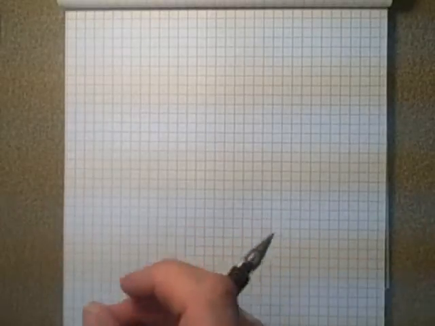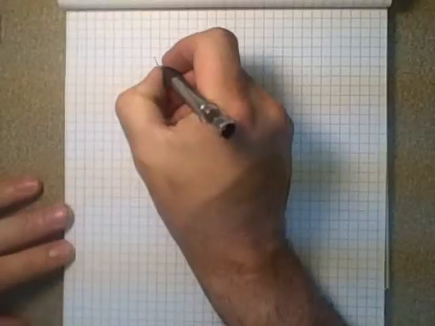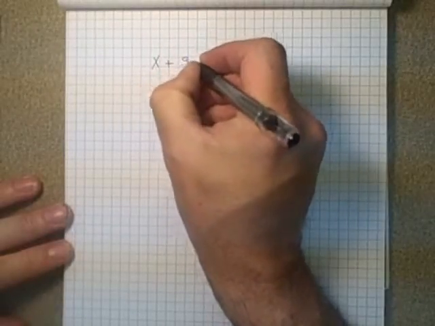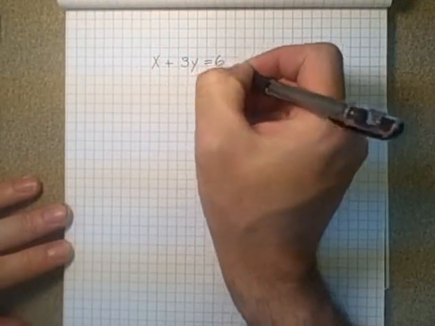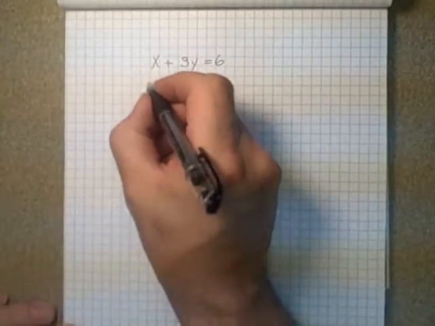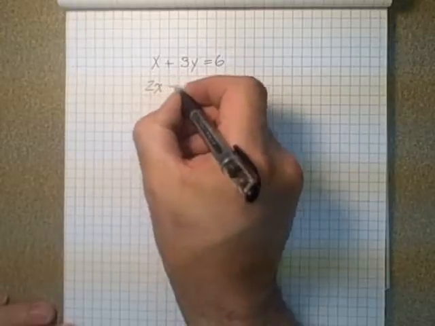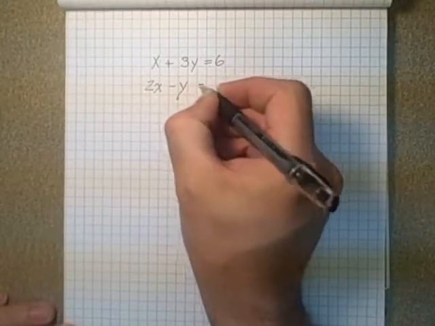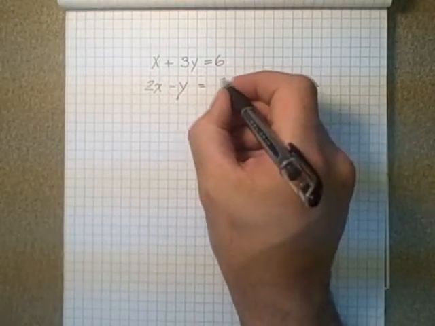Okay, so my example that I'm going to use is I have this equation here, x plus 3y equals 6. And I also have 2x minus y equals 5.